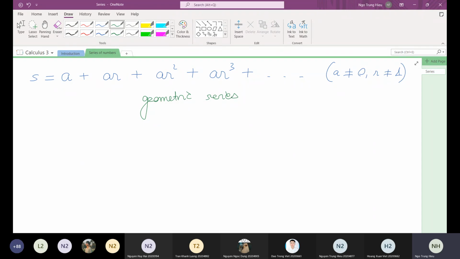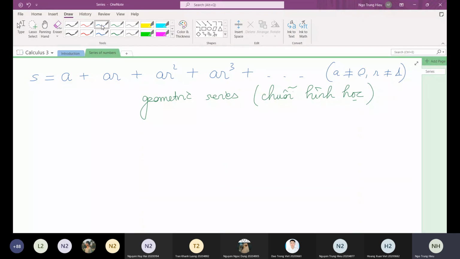Sometimes I will give some terminology in Vietnamese, so that you know both the terminology in English and in Vietnamese.